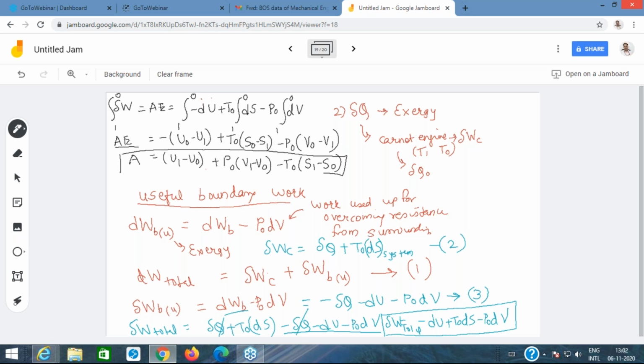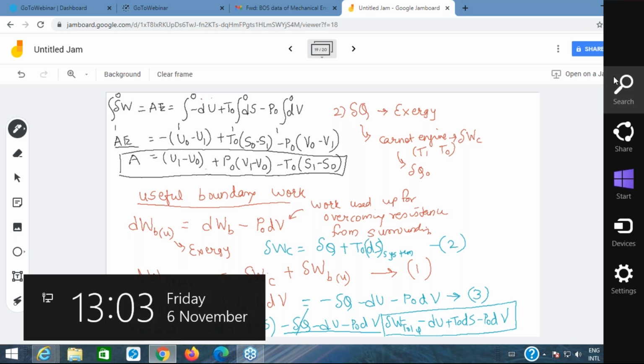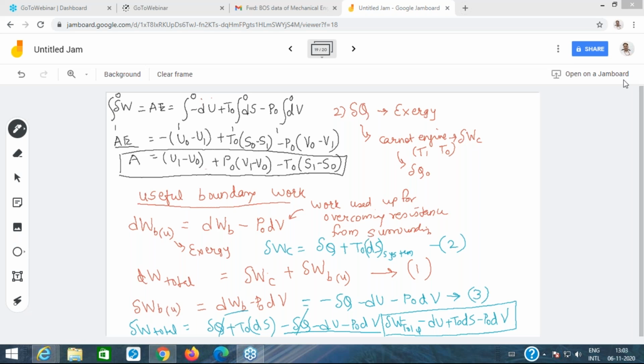I hope this is clear to you. Is this clear, this derivation? Availability of the closed system derivation, is this clear? Viraj, Gargi?